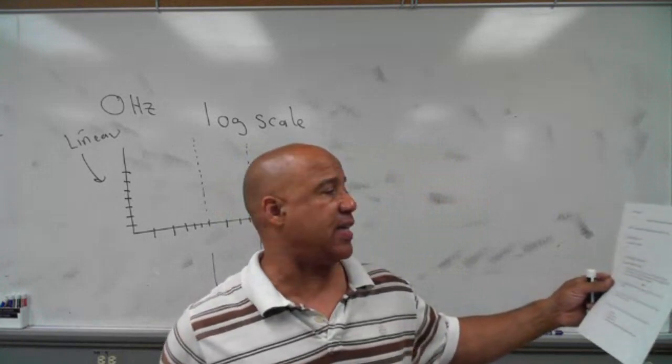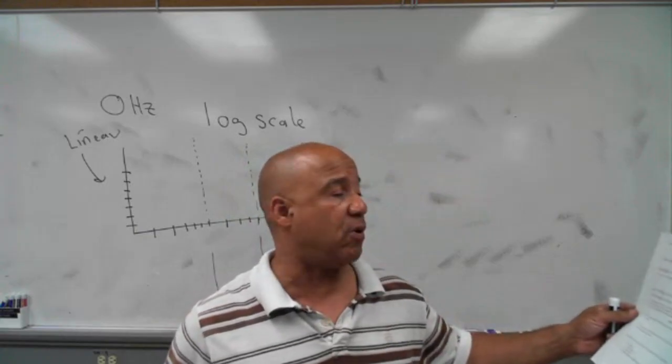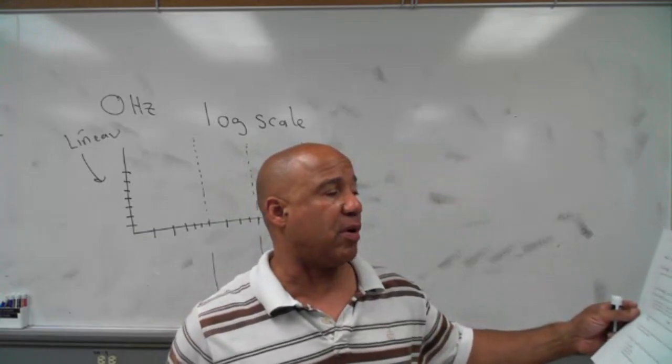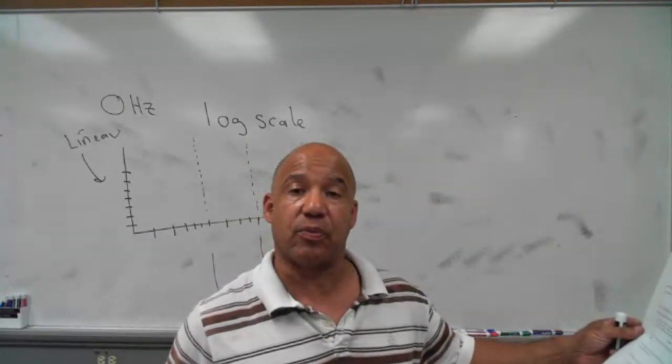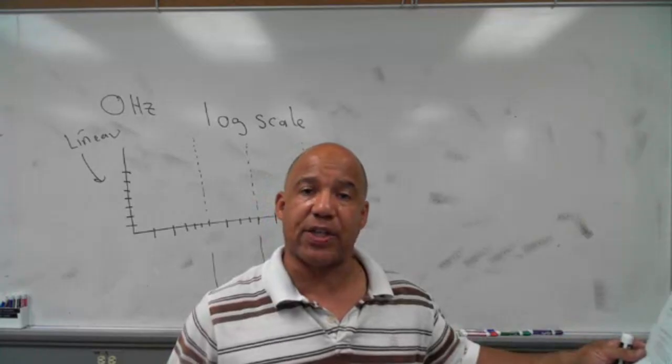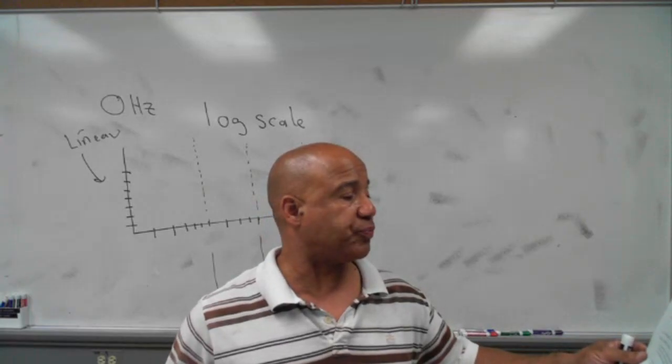And the very first thing on the sheet is a mention of the decibel. The definition of a decibel says it is a logarithmic expression that compares 2 power levels.